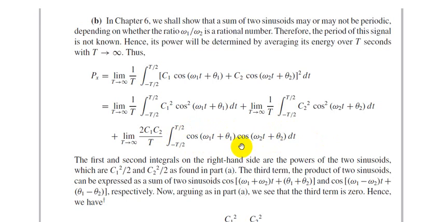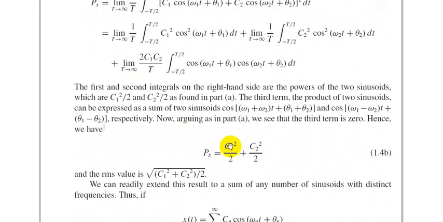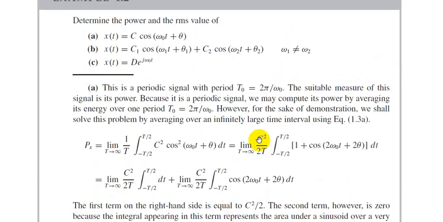You integrate the cos of (a plus b) and cos of (a minus b) terms, and this gives the whole term as 0. Therefore, from the remaining two terms, you will get c1 square divided by 2 plus c2 square divided by 2. This will be the power of equation 2.